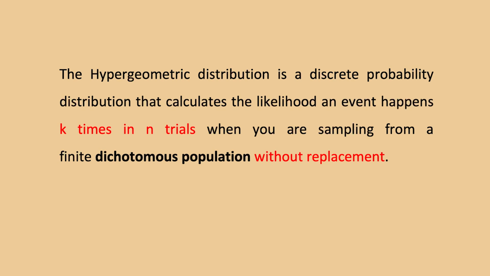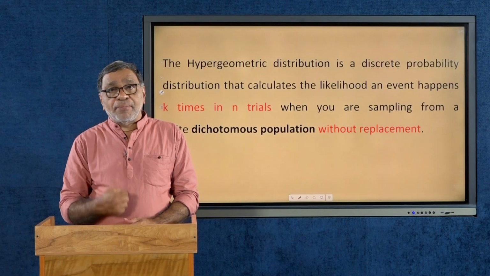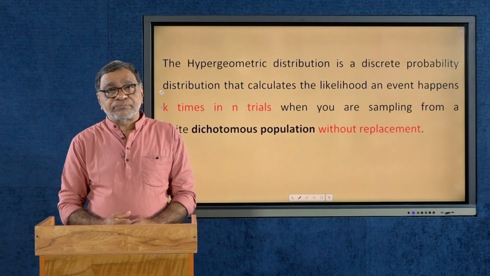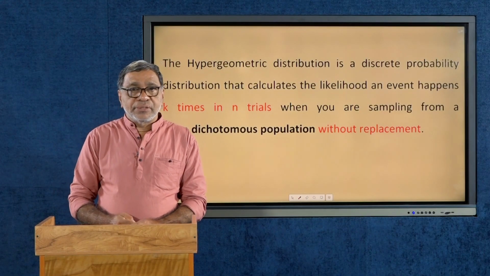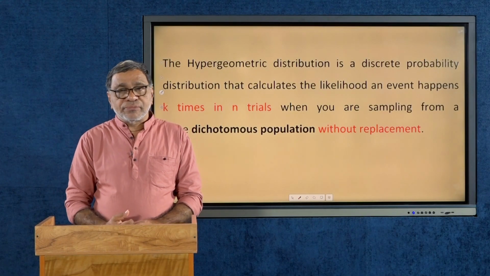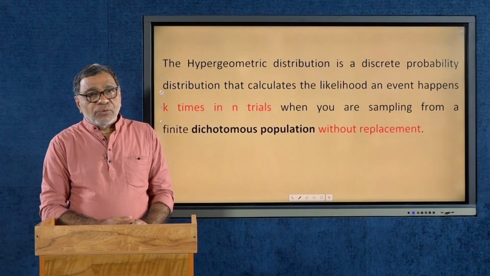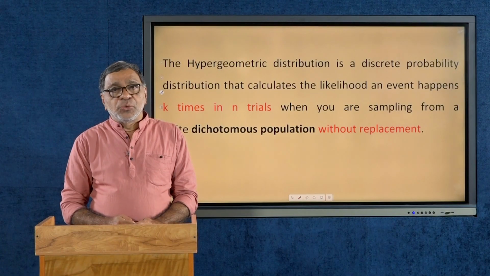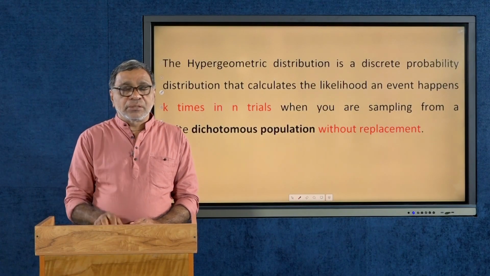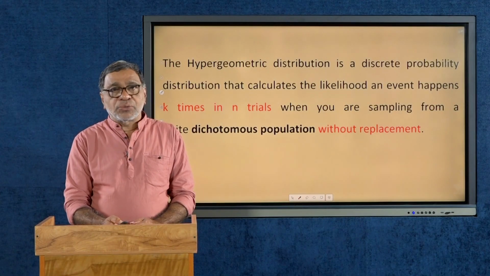And we are sampling without replacement, and we are finding the probability of an event that happens k times in n trials. If that is the situation, what type of probability model is used to model that particular random variable? That is our question.